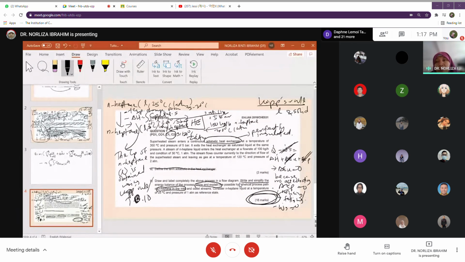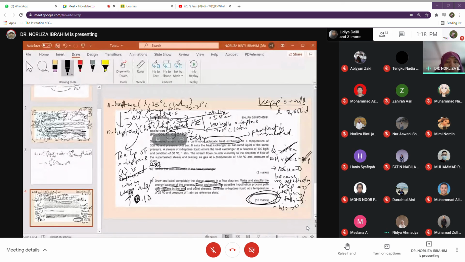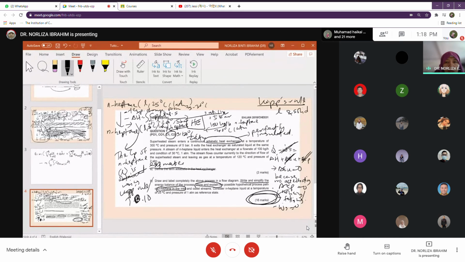I did also mention that although it's at 20 degrees C, it is still an estimation. So you can actually use it at temperatures not at 20 degrees C. So we should mention that the Cp of N-heptane liquid is estimated, because the temperature is not at 20 degrees C. Our temperature here is 30 degrees C, but you still can use that because it's an estimation.